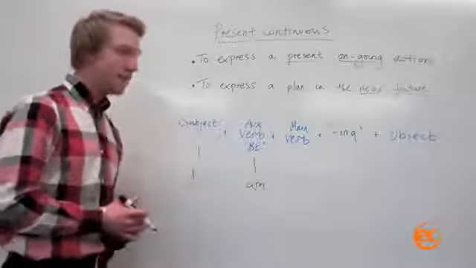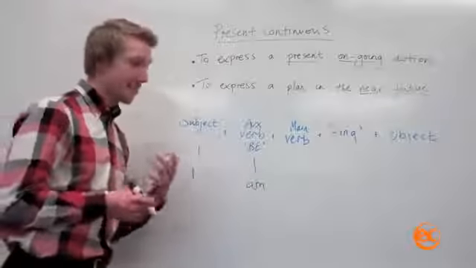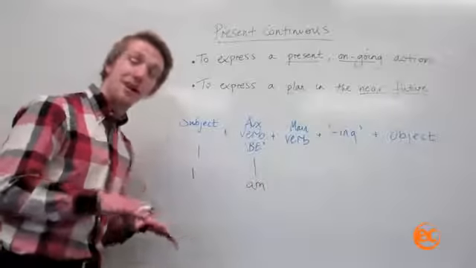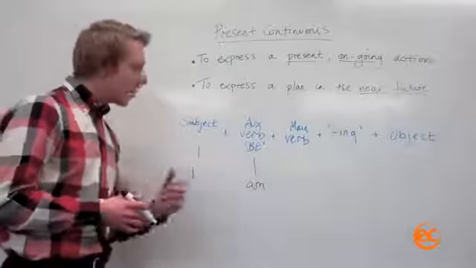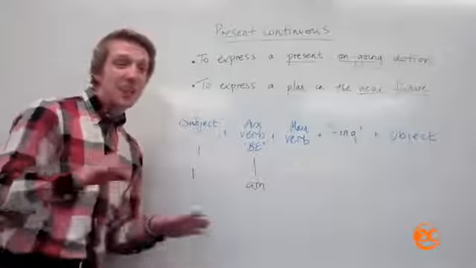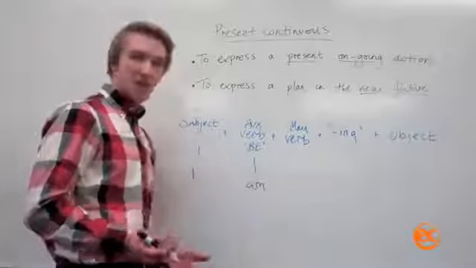We then get to our main verb. This can also be called an infinitive, but for the time being, we won't get too technical. So here at this point, we can choose any main verb. Let's stick with, I don't know, play.